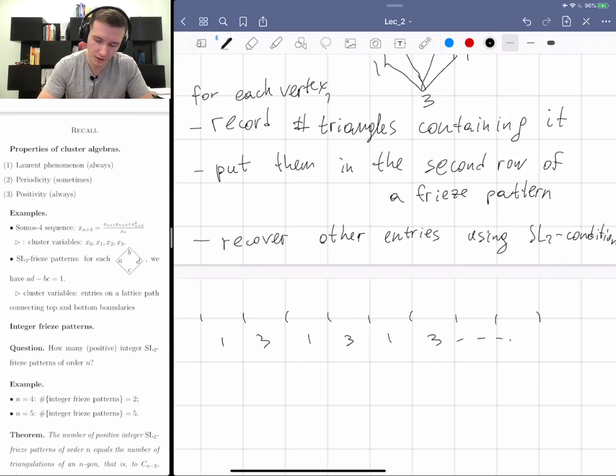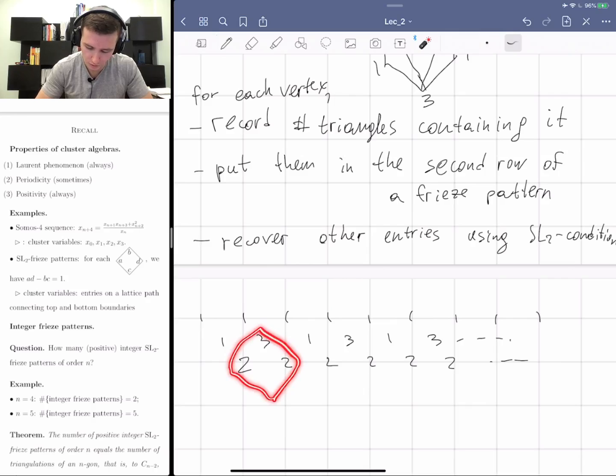And then the SL2 condition tells me that here 1 times 3 minus 1 times x should be equal to 1. So this is going to be 2. So these are all going to be 2. And then if I apply the SL2 condition again, then 2 times 2 minus 3 times x is going to be equal to 1.